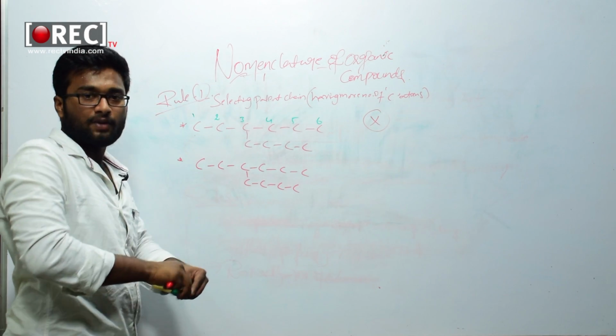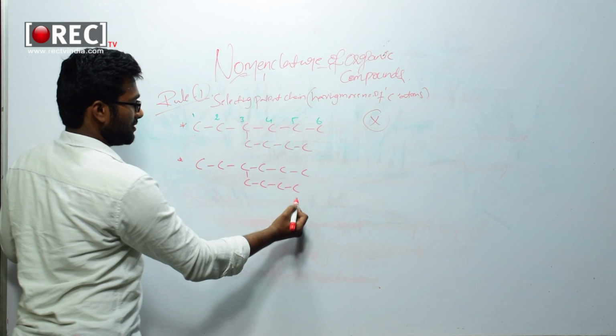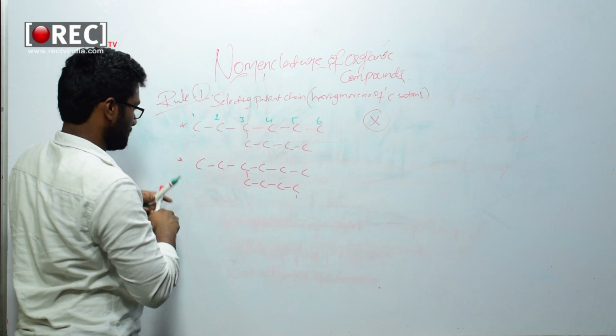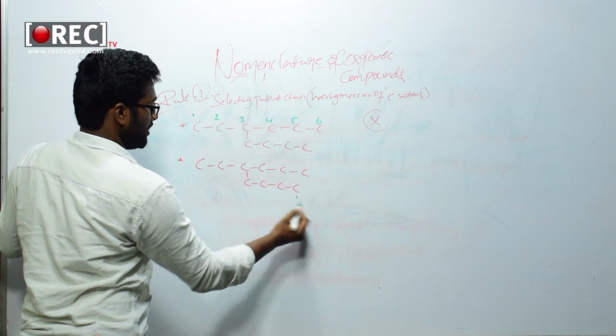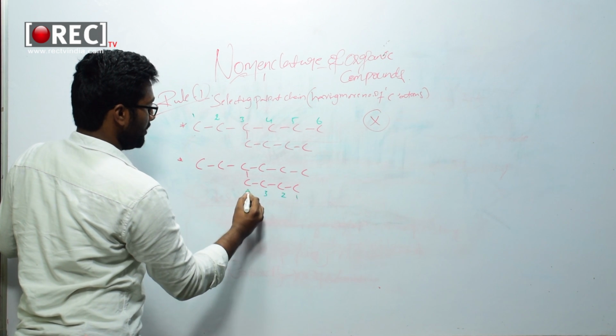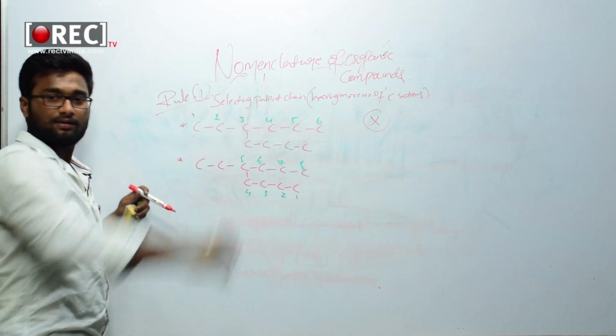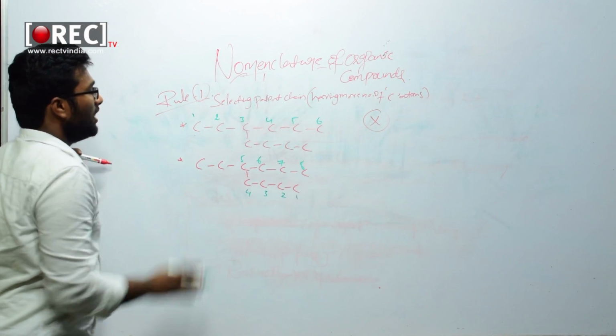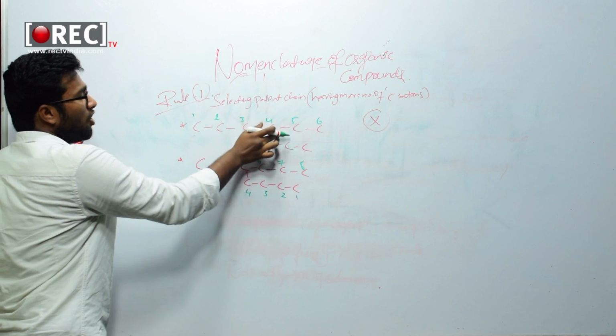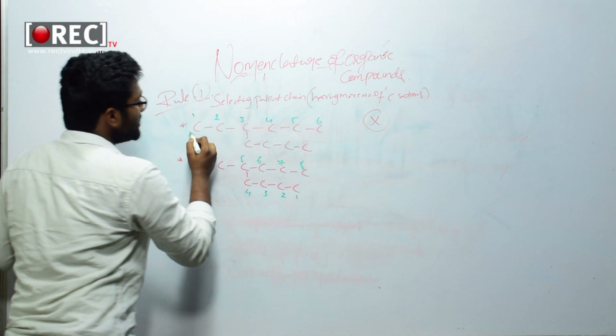Now let's take the same example. This is the same compound. Now let's number like this: 1, 2, 3, 4, 5, 6, 7, 8. So compare this with this. While numbering the compound serially like this, I am getting 6 carbon atoms.